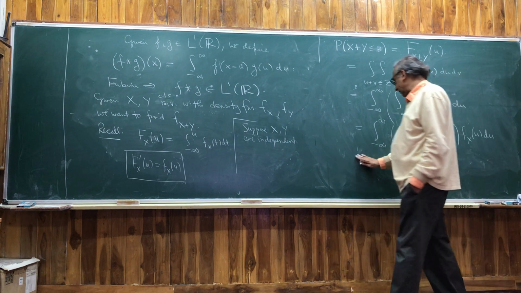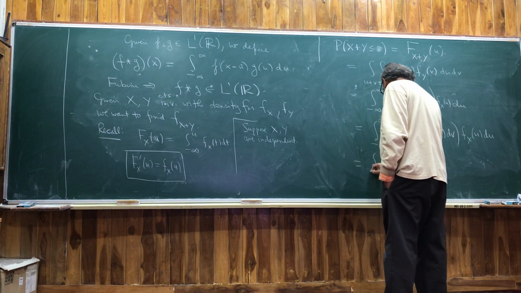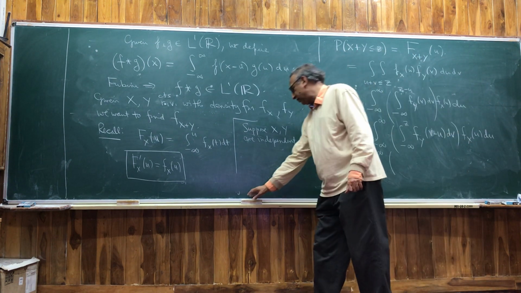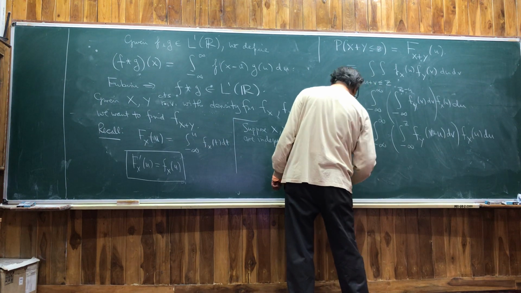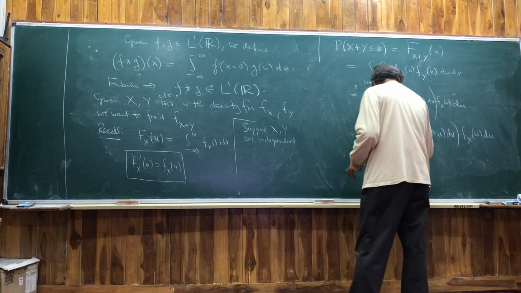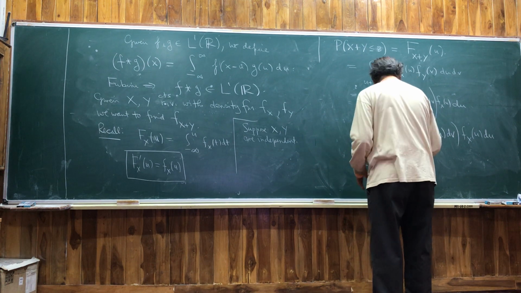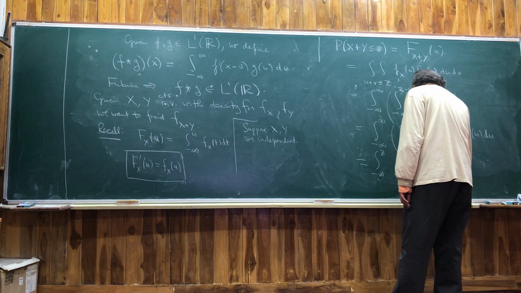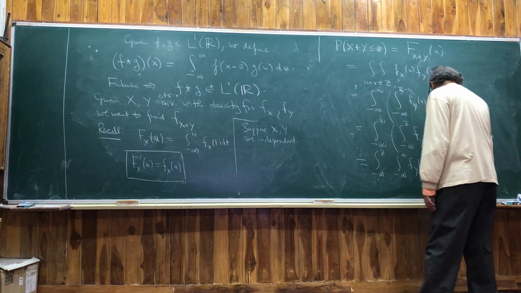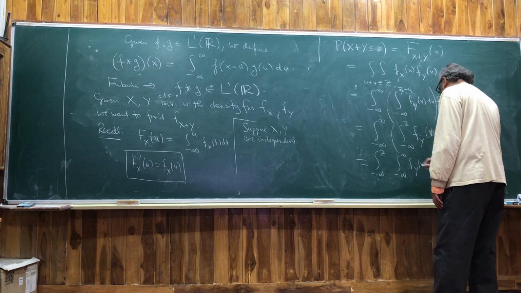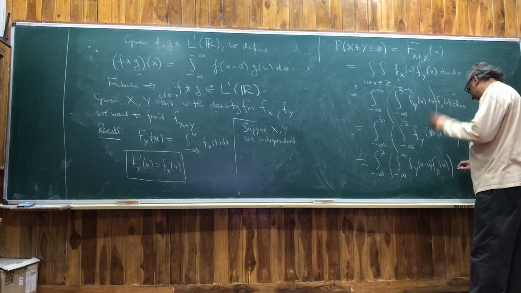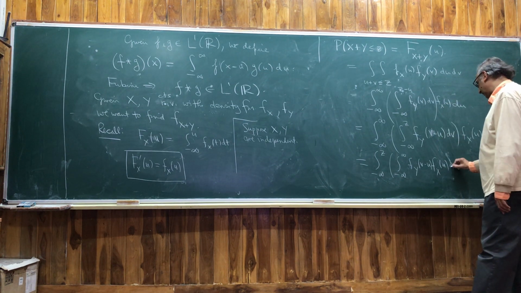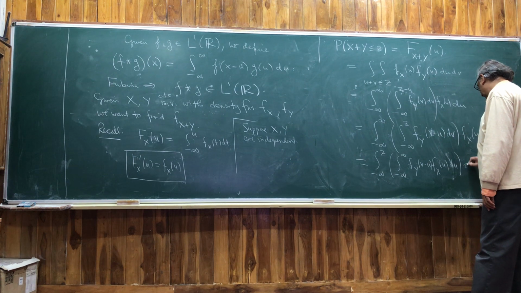And now I rewrite this. I changed the order first, and now I can change the order. This becomes the integral from minus infinity to z, and inside it's an integral from minus infinity to infinity of f_y of v minus u, f_x of u, with respect to u, and then dv.